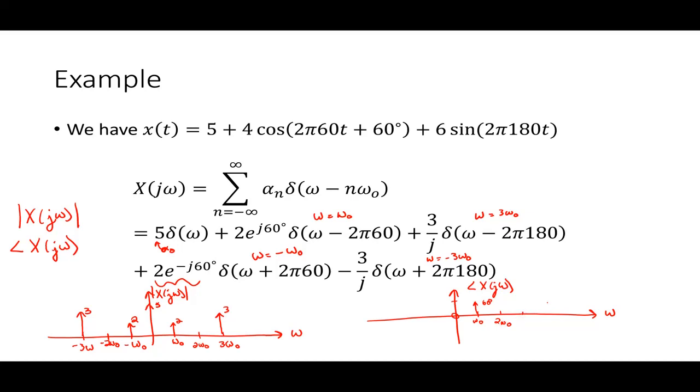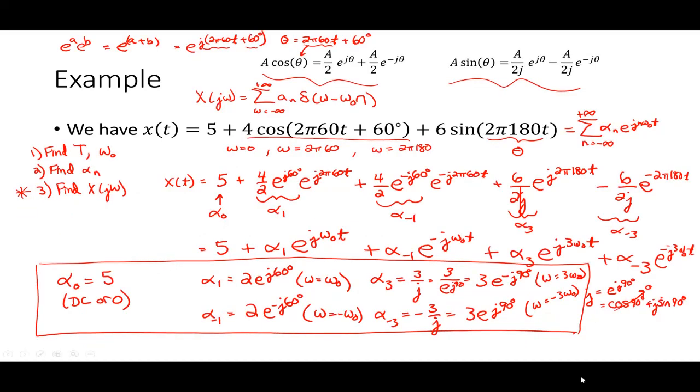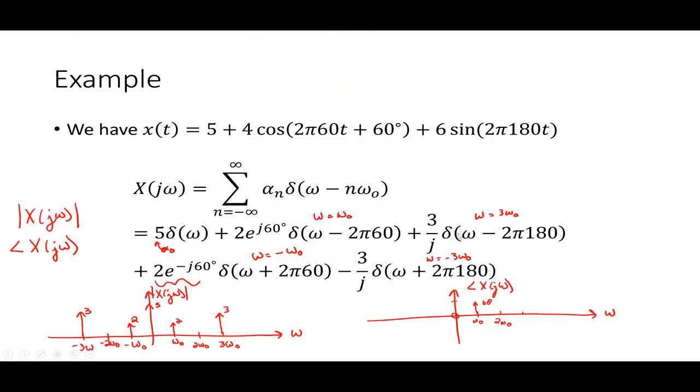Now, what's my angle at 3 omega naught? We figured that out over here: at alpha 3, he had an angle of minus 90 degrees. That 1 over j is an angle of minus 90 degrees. So I'm going to say I've got an impulse down here at minus 90 degrees. So this is 3 omega naught.